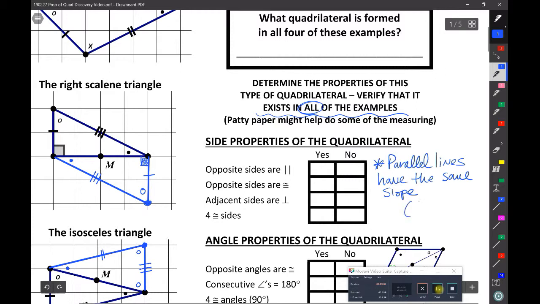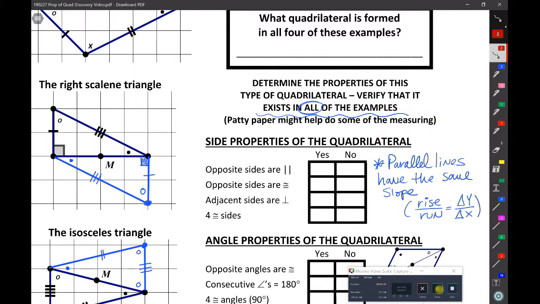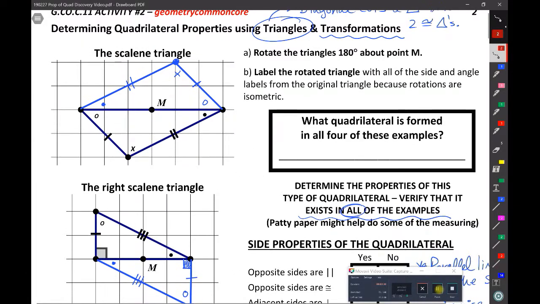Slope, of course, is rise over run, or it's the change in the y values over the change in the x values. And so this idea of when a line goes from one point to another point, there's a change up and down and a change left and right that gets us that line, and so we calculate that. So we're going to actually take a look at that on this first example right here.